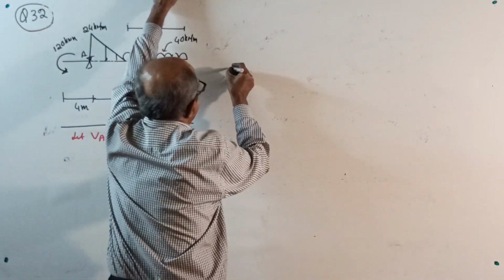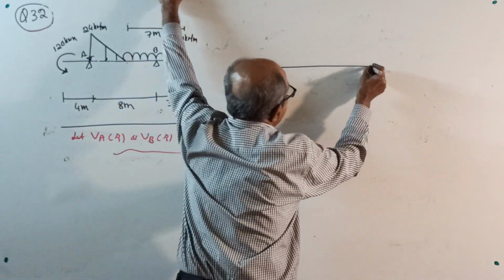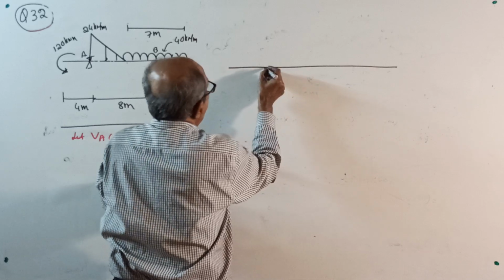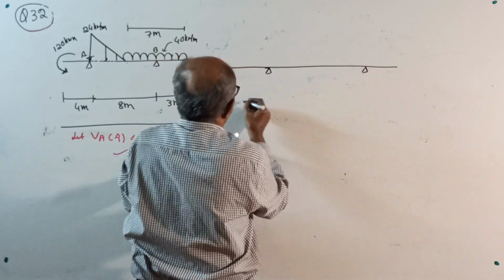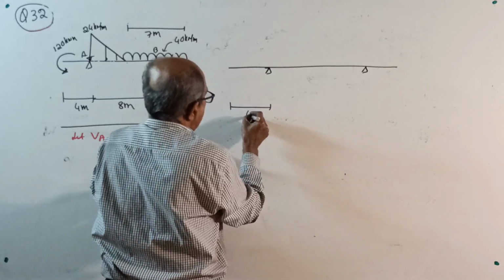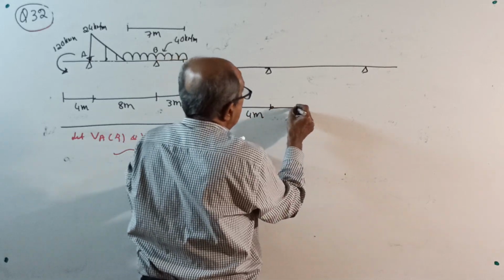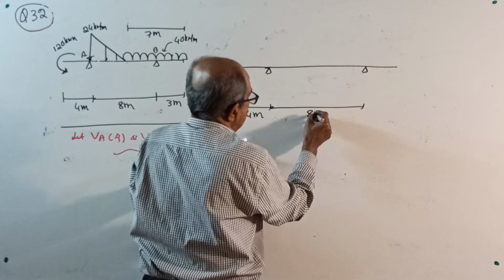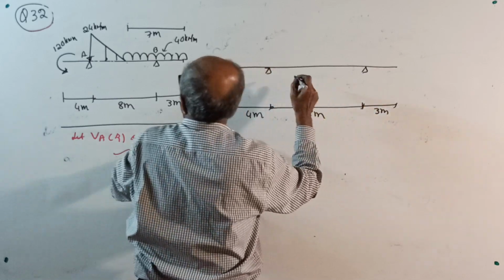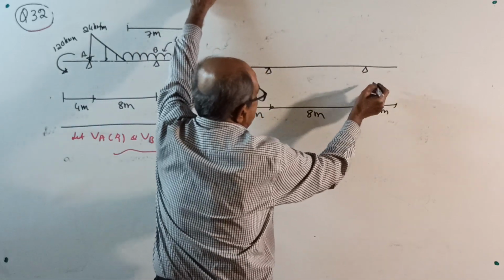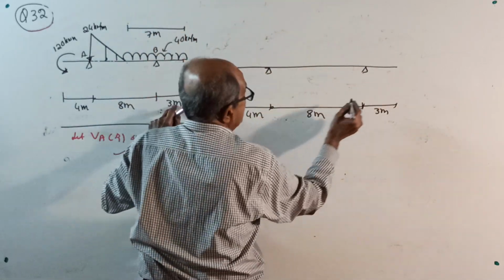Then 4, 8 and 3. 4 meter, 8 meter and 3 meter. UDL here. This is 3 meter, this is 3 meter here.